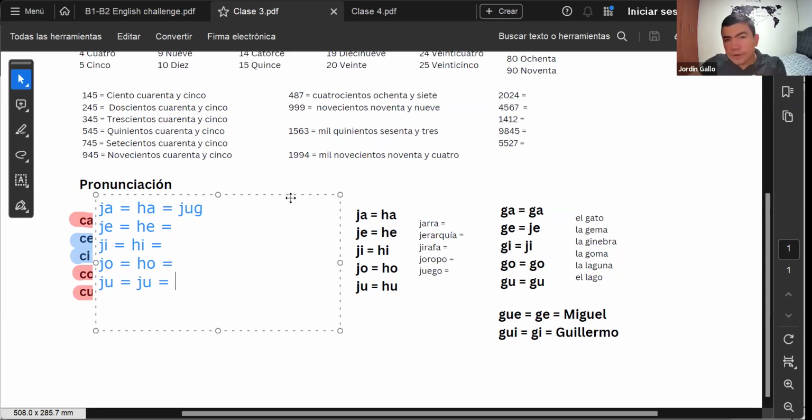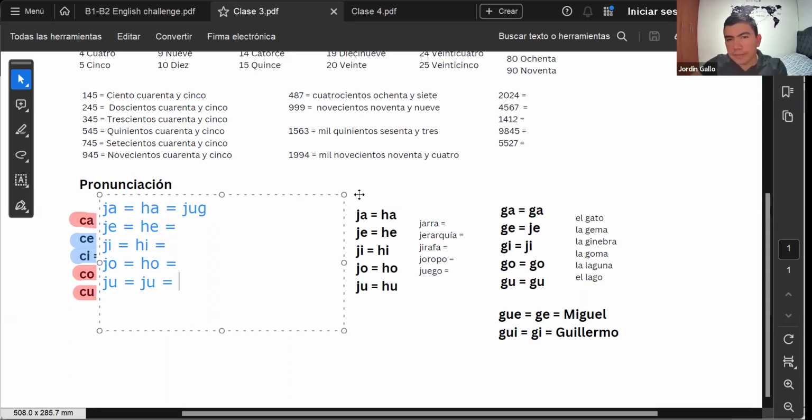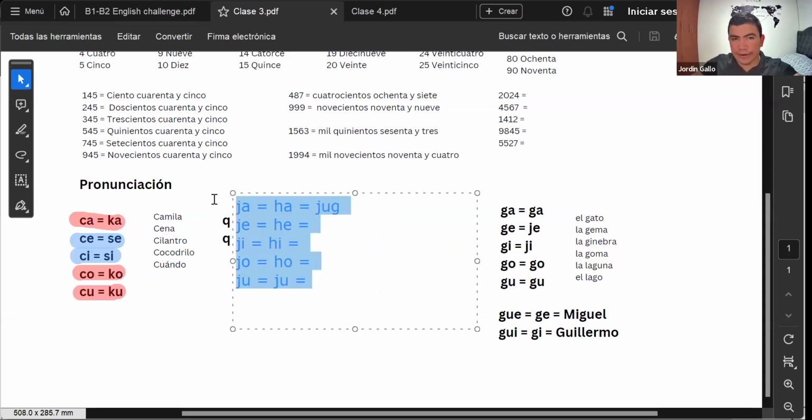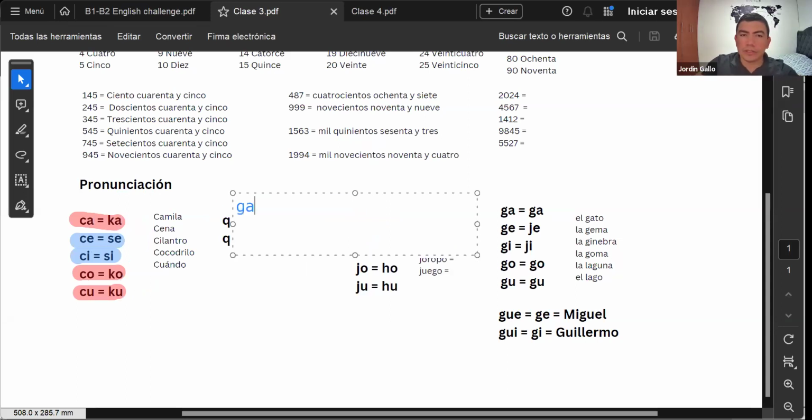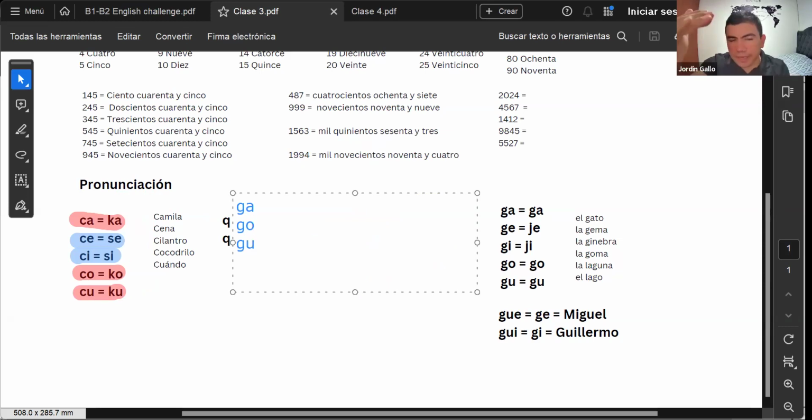So in this part, we don't have any problem. The problem appears here because this would be ga, go, gu. Ga, go, gu. We have gato, like cat. We have goma, like gum.